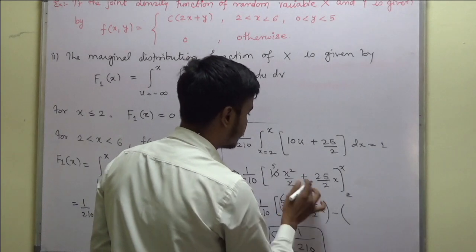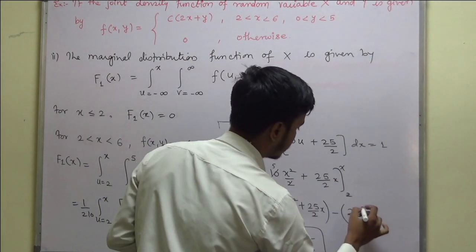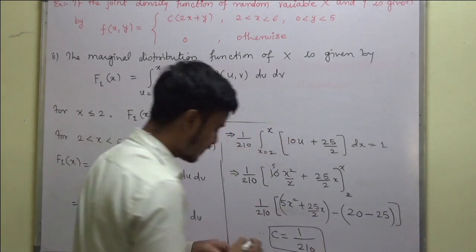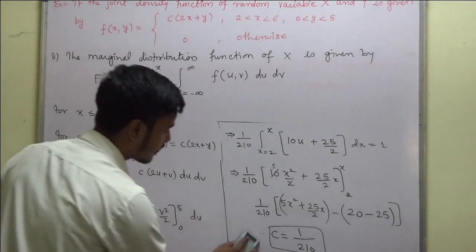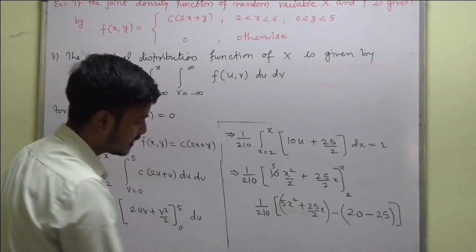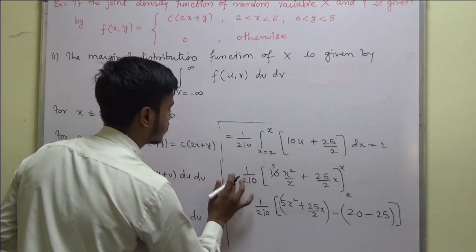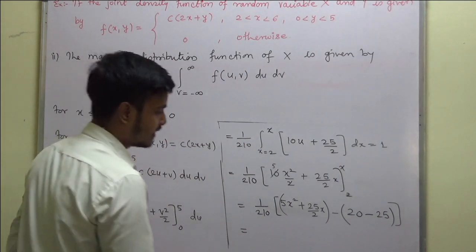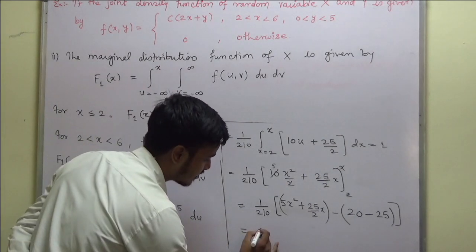the value at 2, which is 20 plus 25. When you solve this, you get 1 upon 210.